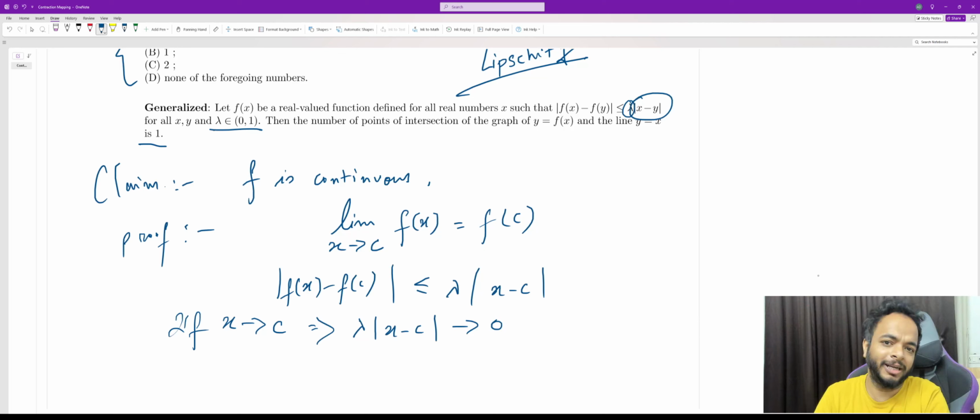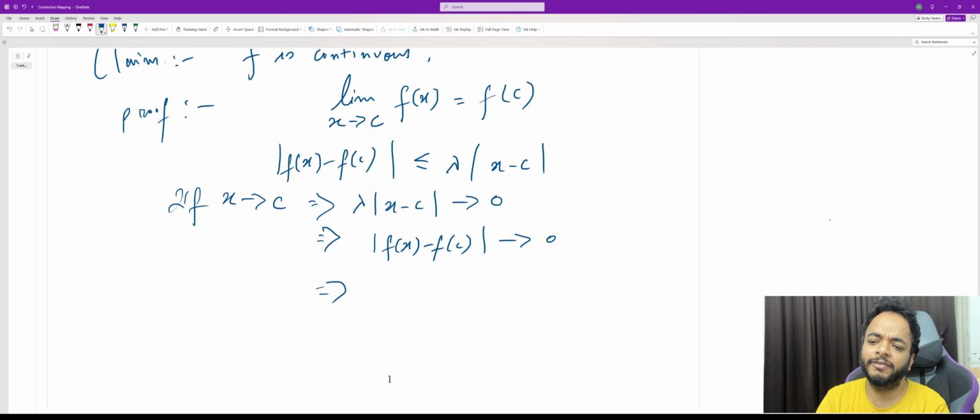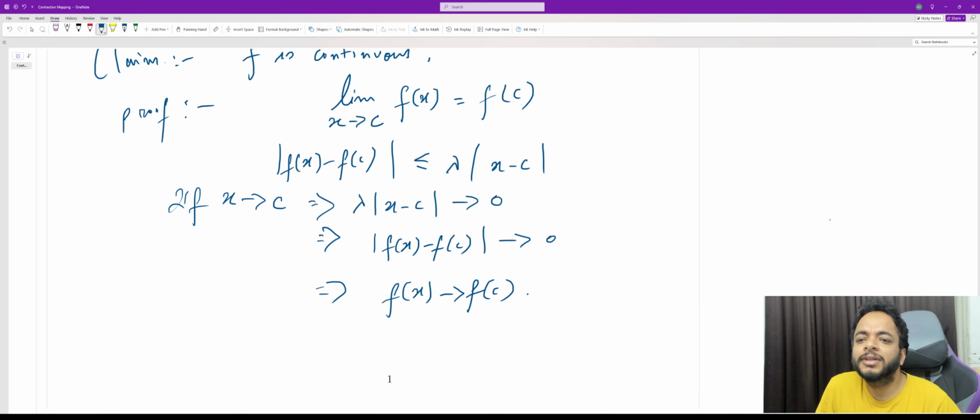And if you multiply it with lambda, because lambda is not equal to 0, this also goes towards 0, which implies that |f(x) - f(c)| goes towards 0, which implies that f(x) tends towards f(c). Okay, so for the high school students, you are able to prove that this function is continuous.